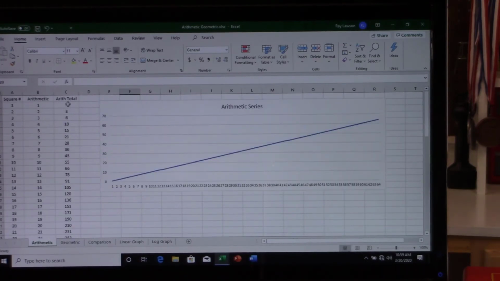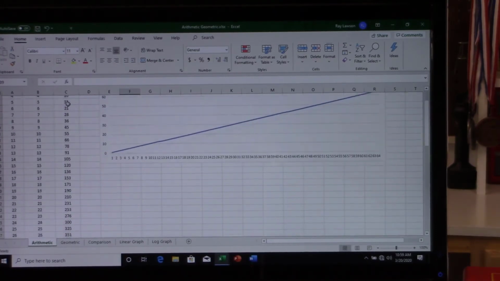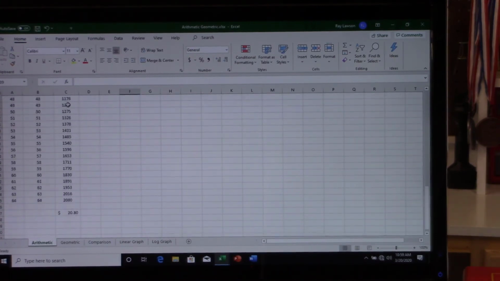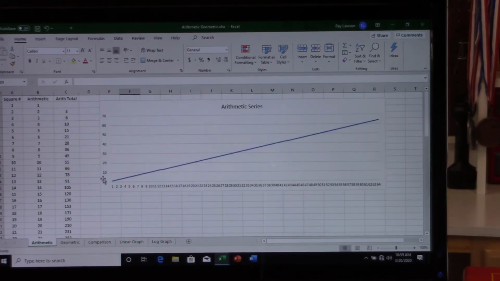If I add up all the pennies on the board as we go, we come down here, and we have 2,080 pennies, which is $20.80. And if I plot these on a graph, we see a straight line for the arithmetic series. So we go from 1 to 64, and we do that as we go across the 64 parts of the checkerboard. Let's go ahead and look at the geometric series and see the difference.